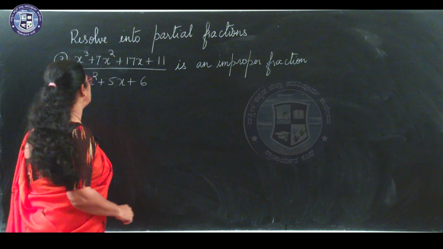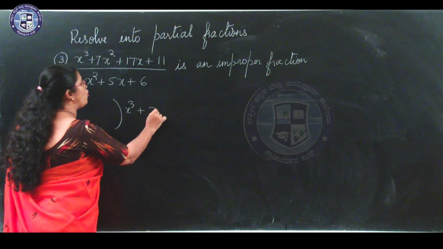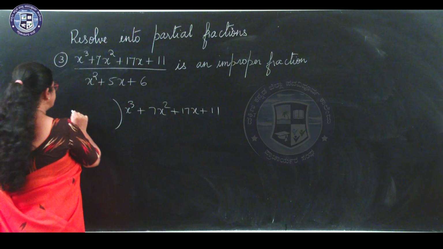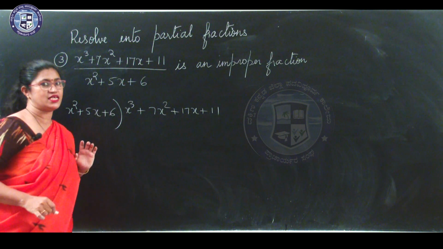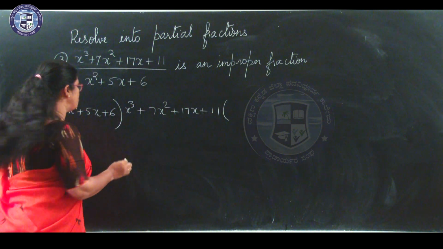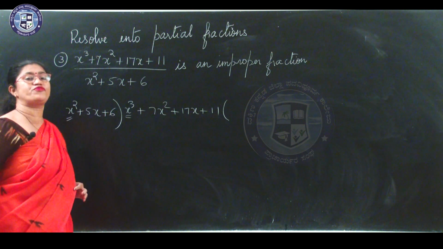So, let us divide quickly. Numerator divided by denominator. The denominator is x² + 5x + 6. And how do I divide? First term of the numerator divided by first term of the denominator.